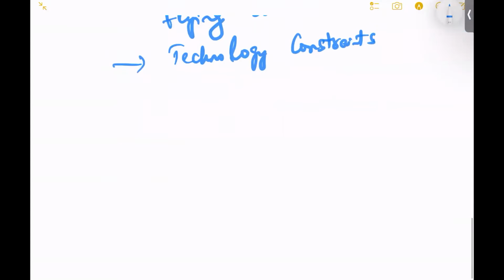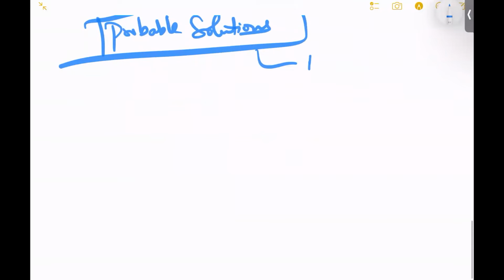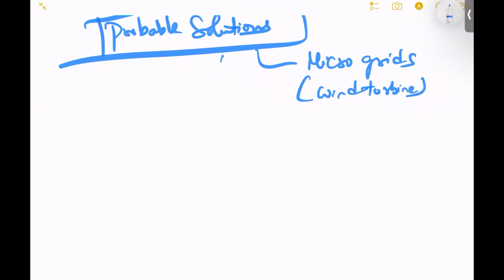So probable solutions. This is the angle which we are adding, which is not asked in your question. Probable solutions: use wind turbines as microgrids. So wind turbines can be used as microgrids without actually connecting them to the grids.